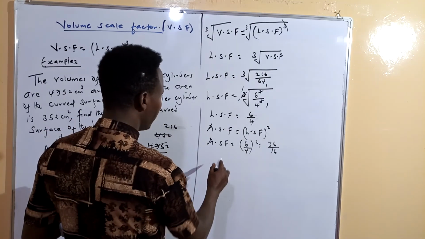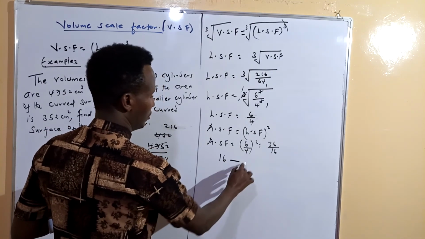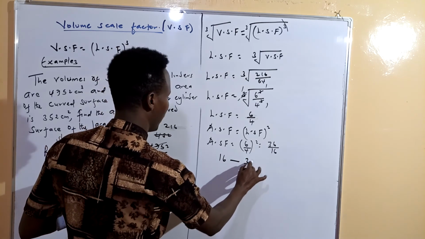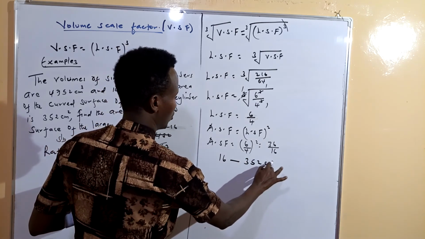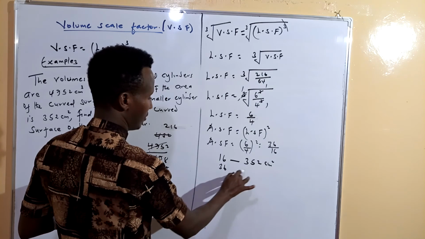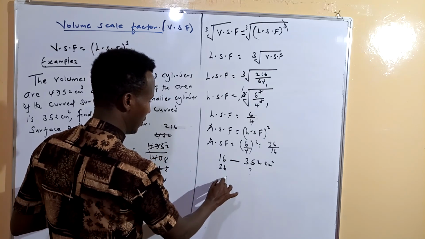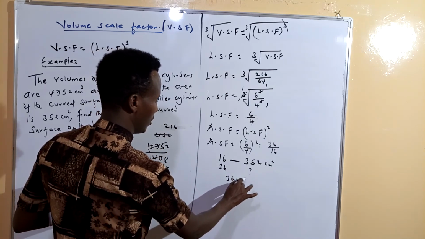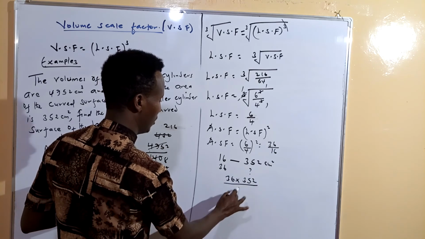So we can say if 16 is equal to 352 cm², what about that 36? That's the question mark. Cross multiply: 36 times 352 divided by 16.